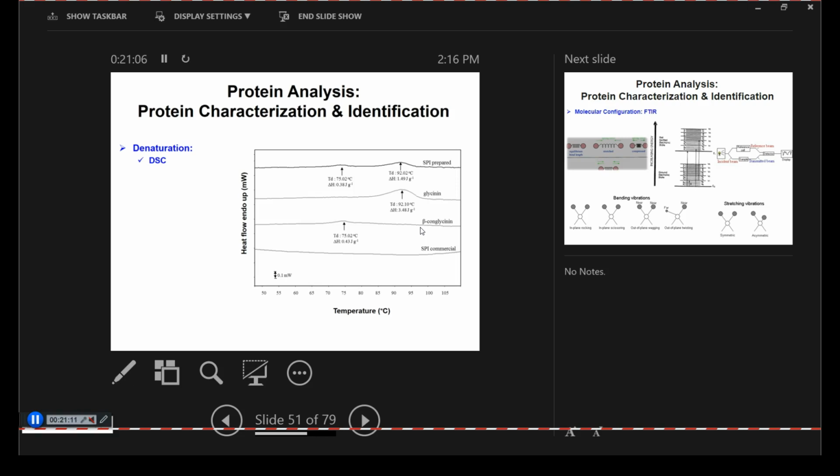So we took the SPI and fractionated glycinin, and we were able to isolate it and determine its denaturation temperature, which was obviously similar to the glycinin within the complex matrix. And we did the same for beta-conglycinin. We took it out of SPI and measured it separately, and we were able to get the exact temperature of denaturation.